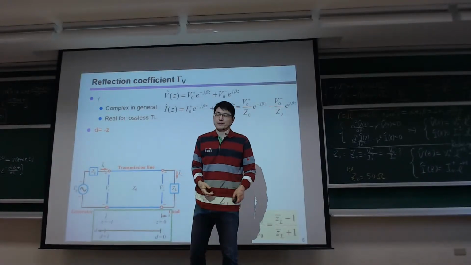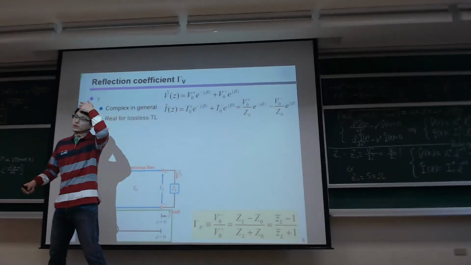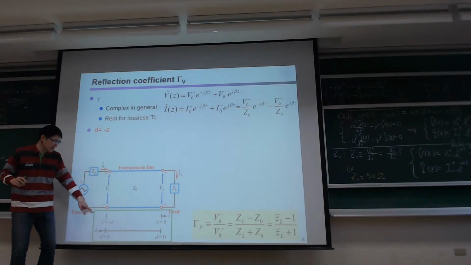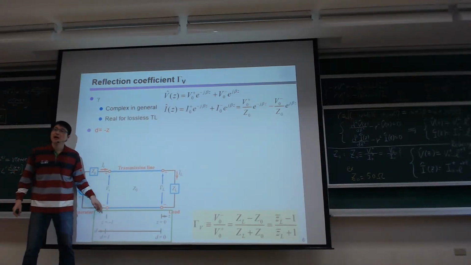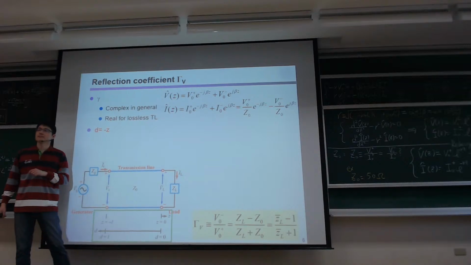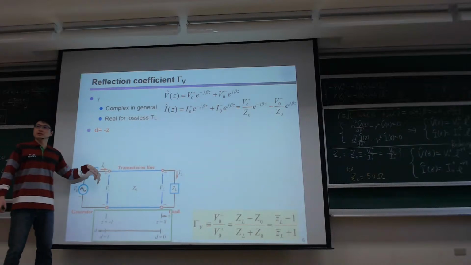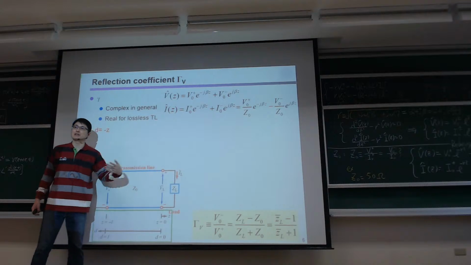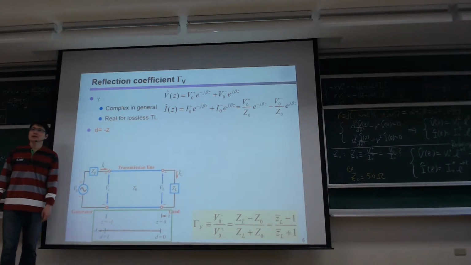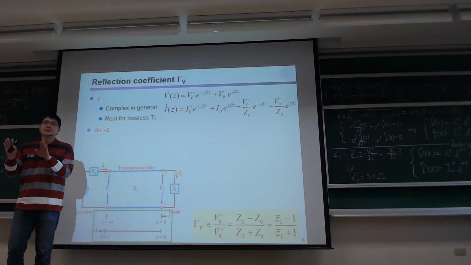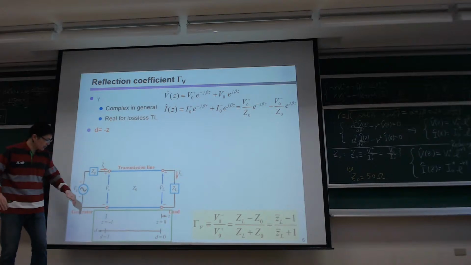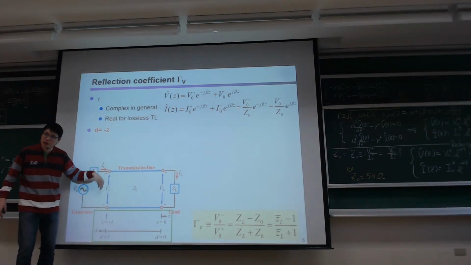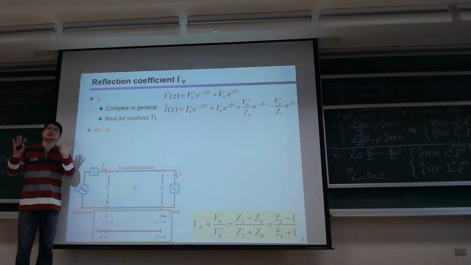I'm trying to ask you, in the past, we usually define z equals to 0 at the input, right? For convenience, the input is 0, so this is maybe 10 kilometers, right? I know my distance. If you want to use z equals to 0 at the input, where your generator is, which is also fine.